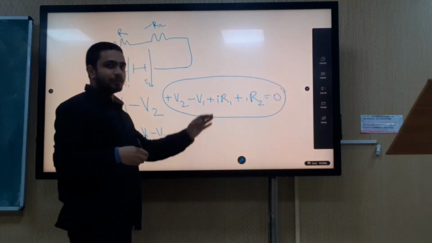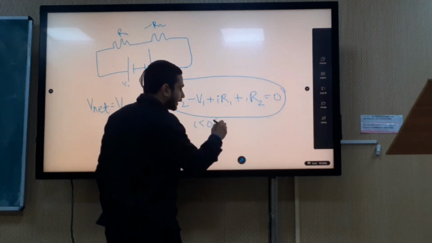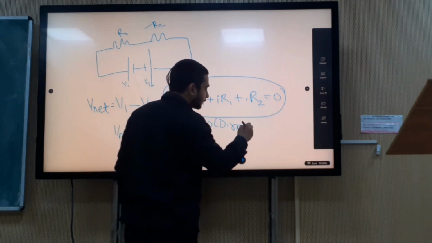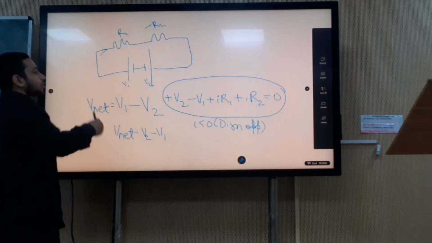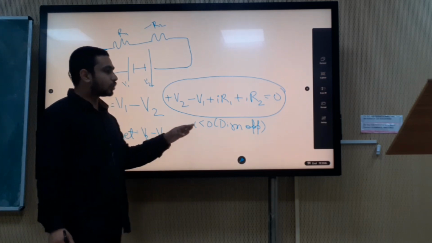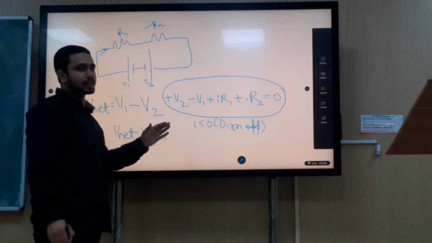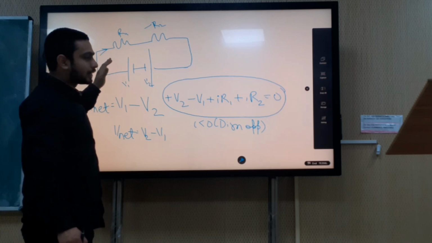And if we solve this and I comes out to be negative, then the direction of the current is opposite to what we assumed. Suppose we assume the direction of current like this, but I came out to be negative. It only means that the direction we assumed is the wrong direction and the correct direction is the opposite.